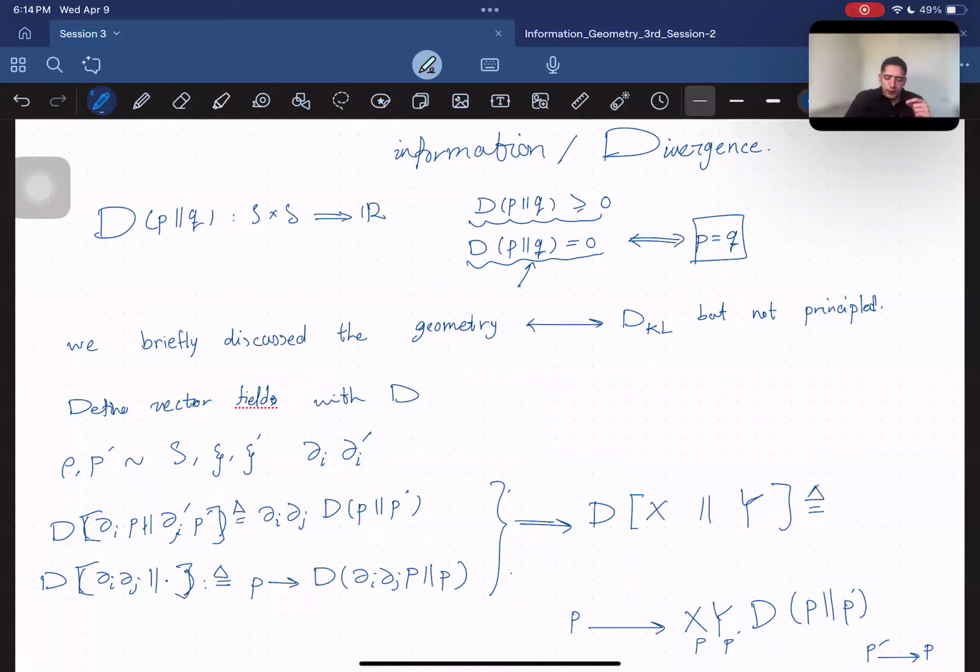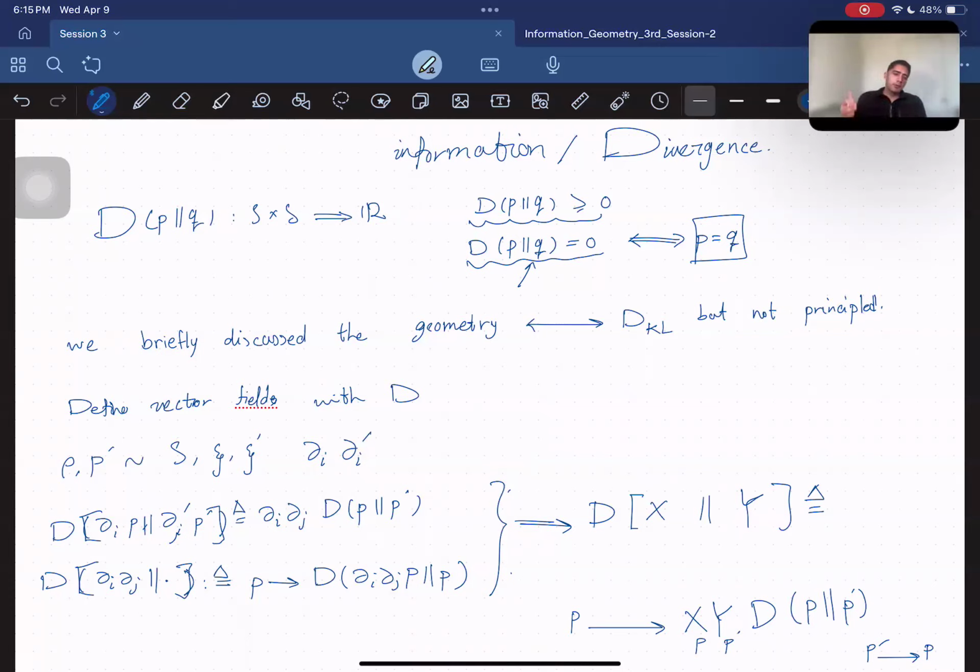Now, we want to connect divergence. So we have two distributions. We have some heuristic about the distance between these two. But when we talk about divergence, for example, when I say divergence, just recall chaos divergence, there is no indication of the underlying geometry.